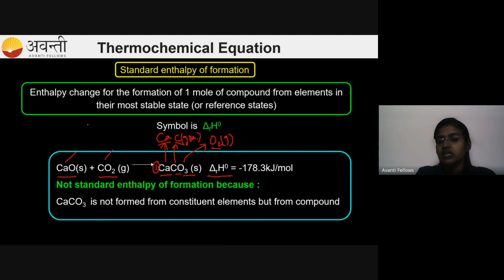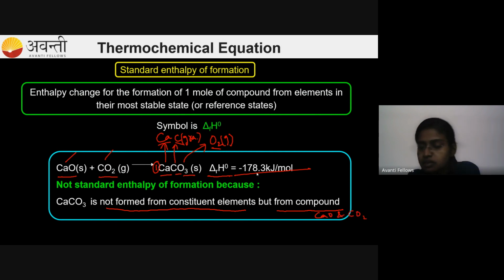So even though we write delta H R naught for this reaction, this value doesn't denote the standard enthalpy of formation. The calcium carbonate is not formed from constituent elements, but from compounds like calcium oxide and carbon dioxide. Is this clear?